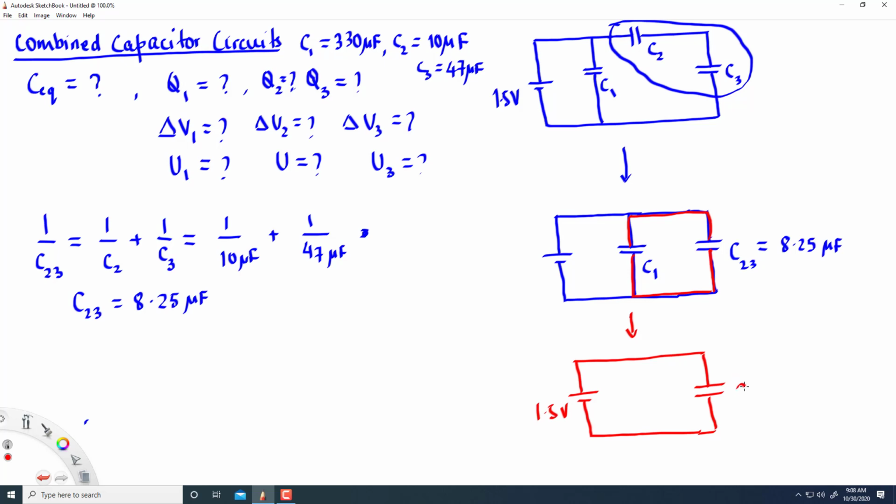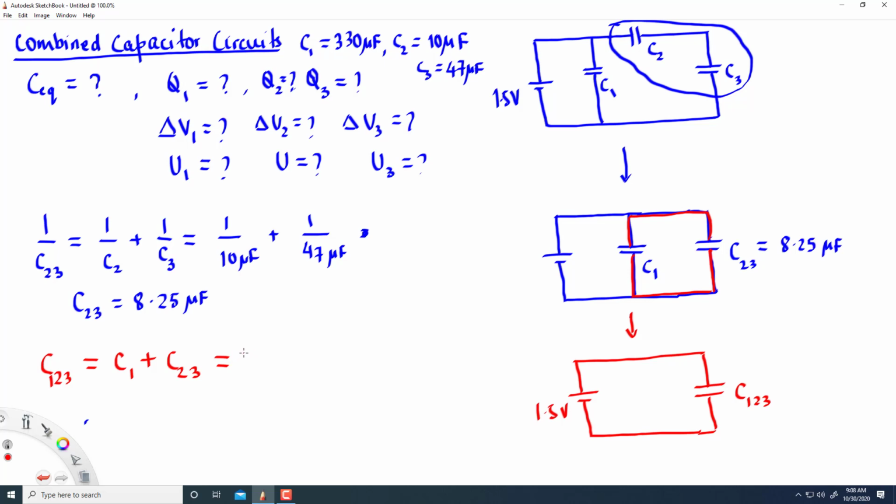So now let's call this C123. Okay, so that's the equivalent of these two. And when the capacitors are in parallel, we use this formula. So C123 is given by C1 plus C23.